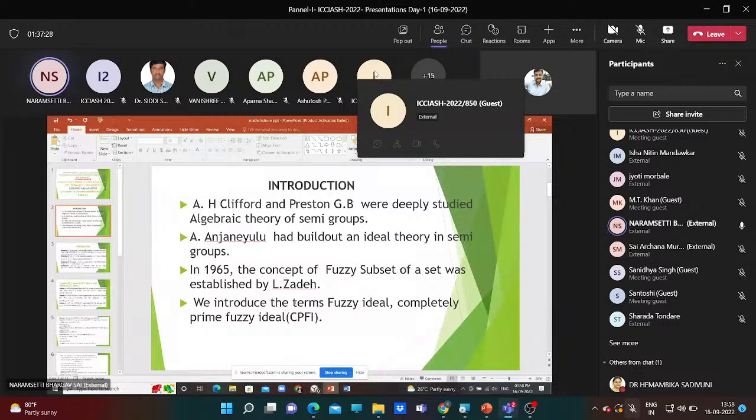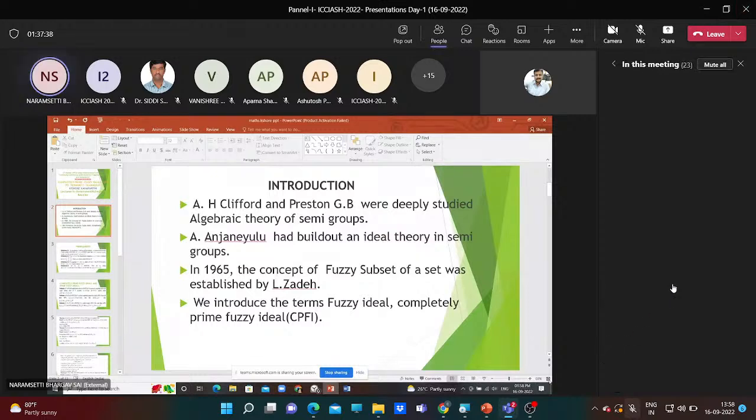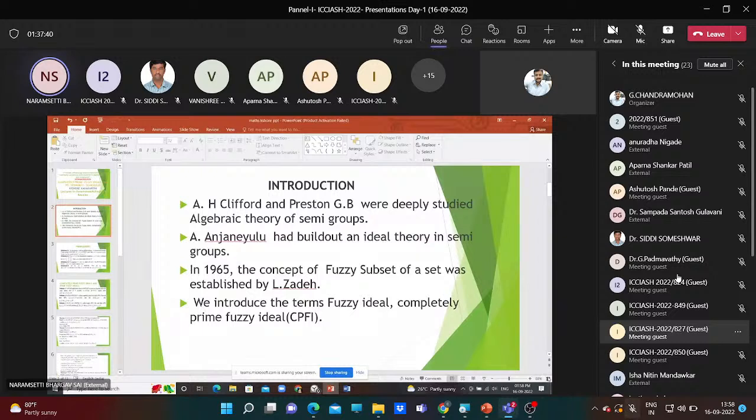My professor A. Anjaneyulu built out an ideal theory in semigroups. In 1965, the concept of a fuzzy subset of a set was established by L. Zadeh. Now we introduce the terms fuzzy ideal and completely prime fuzzy ideal.